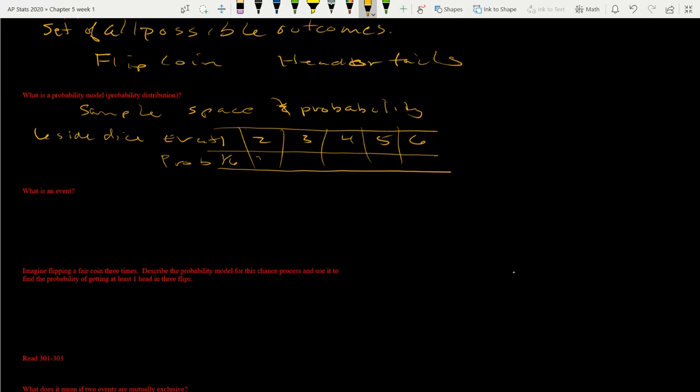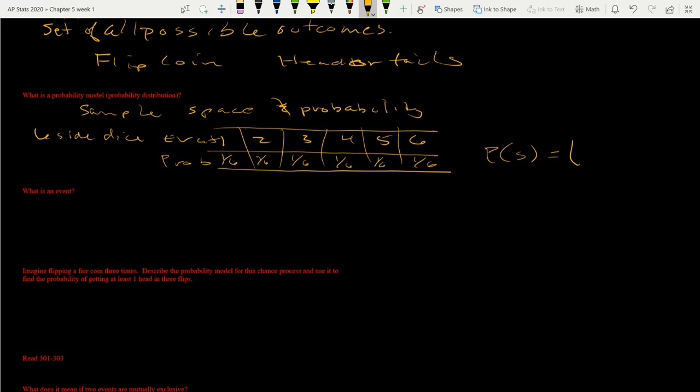And this one is 1 out of 6, 1 out of 6, 1 out of 6, 1 out of 6, and 1 out of 6. For a total probability of the sample space equal to 1. So these all have to add up to 1. Okay? They all have to add up to 1.